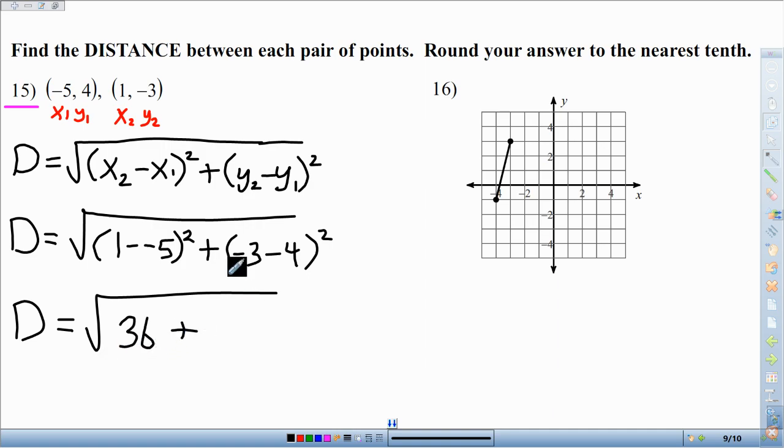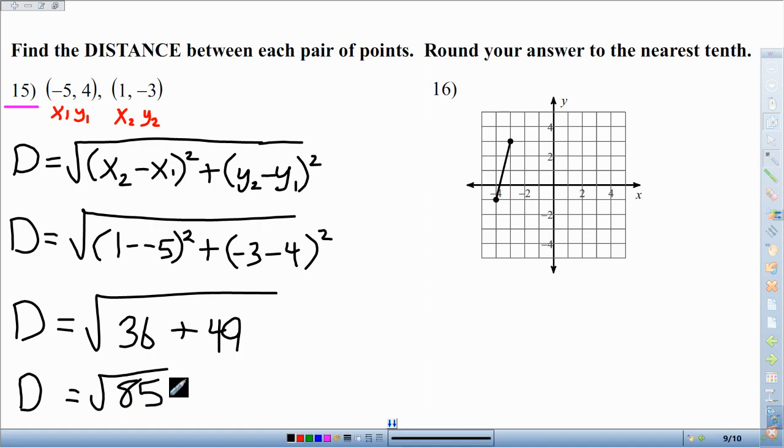Plus -3 minus 4 is -7. -7 squared is +49. Remember, you will always end up with positive numbers on this step. So let's add those together: 36 plus 49 is 85.